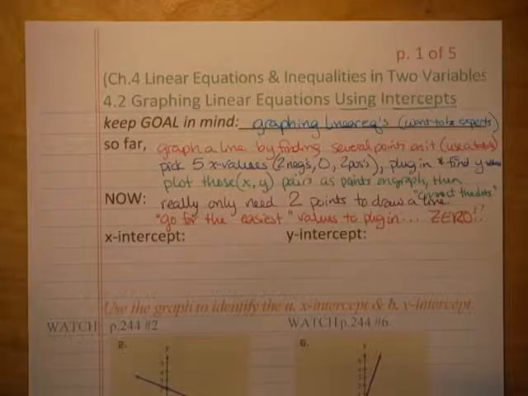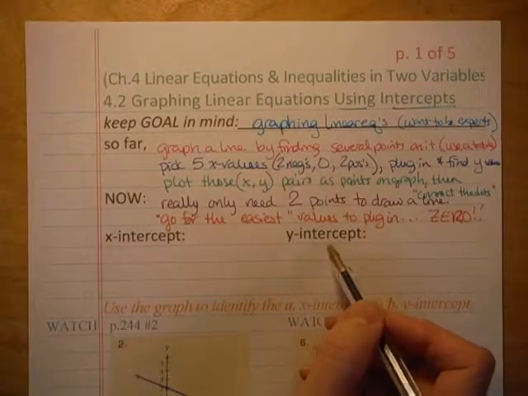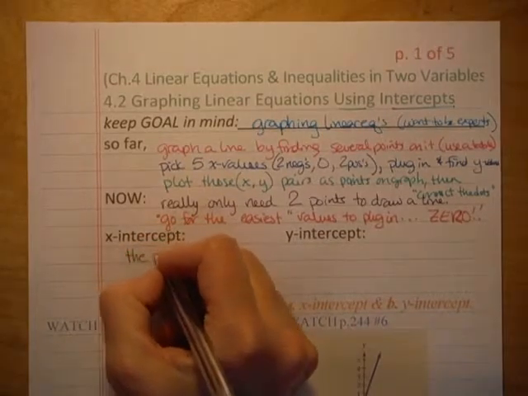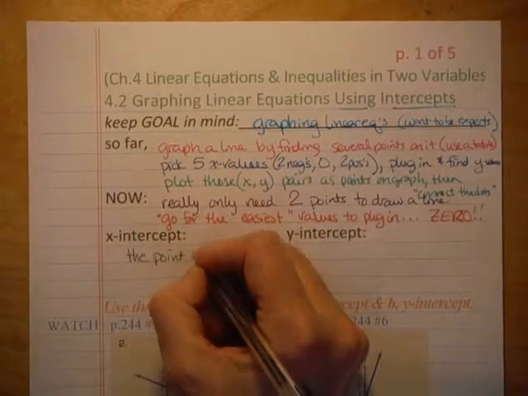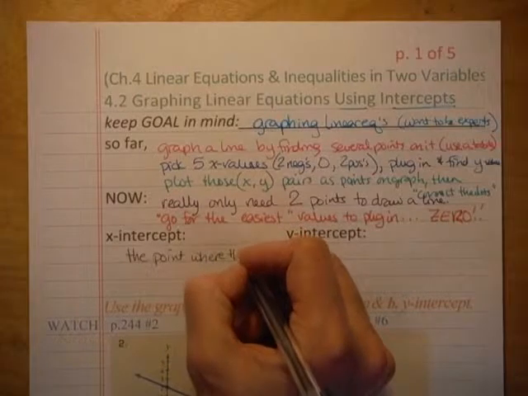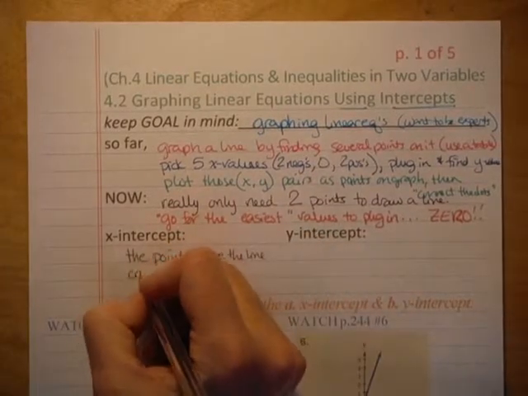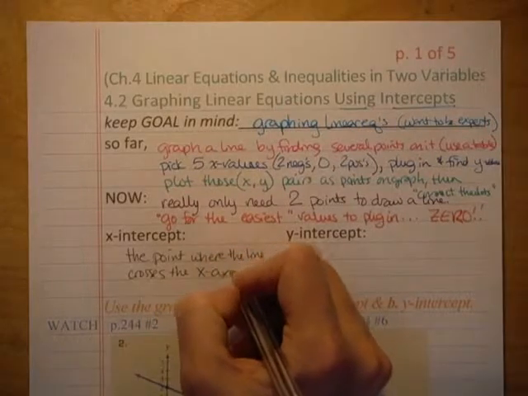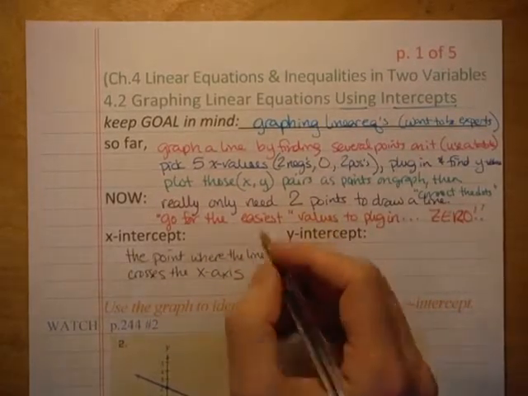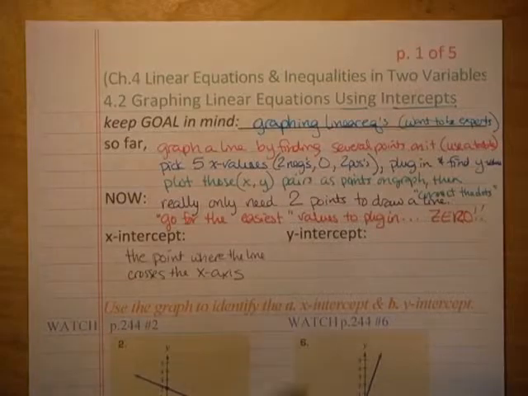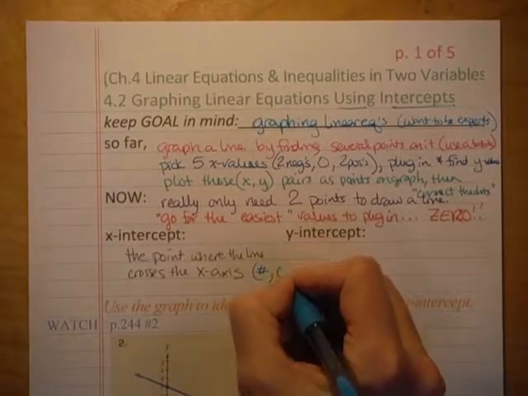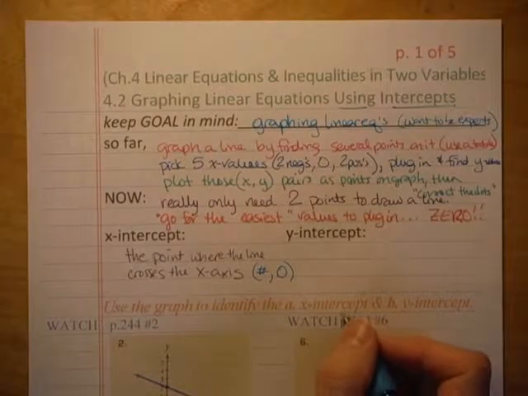And those are called the x-intercepts and the y-intercept. So the x-intercept is the point where the line crosses the x-axis. Okay? And it's the point that has a number in the x value and a 0 for the y value, or the y coordinate.